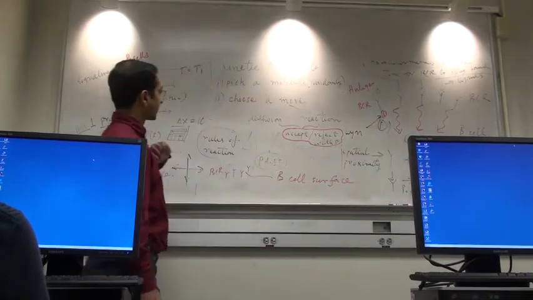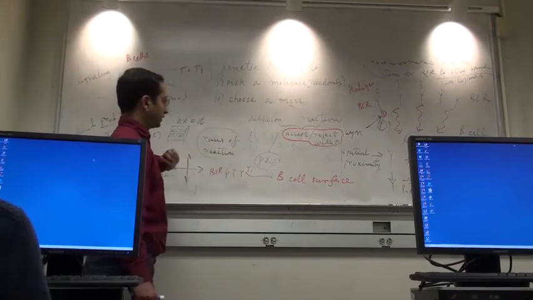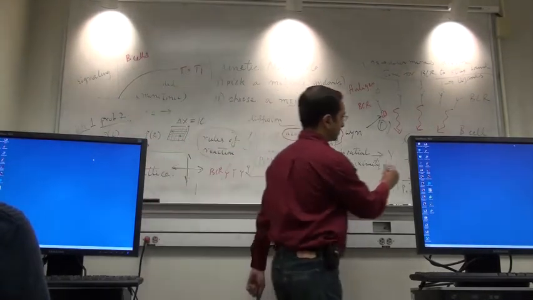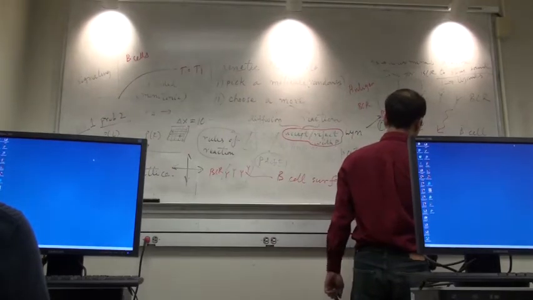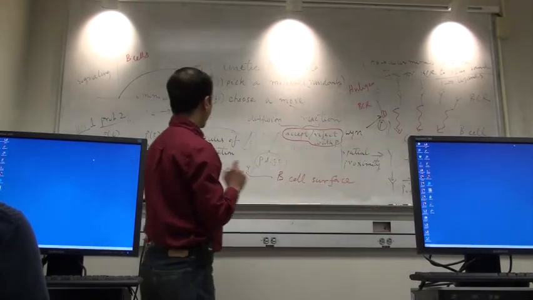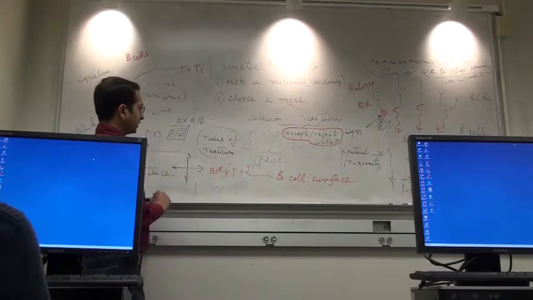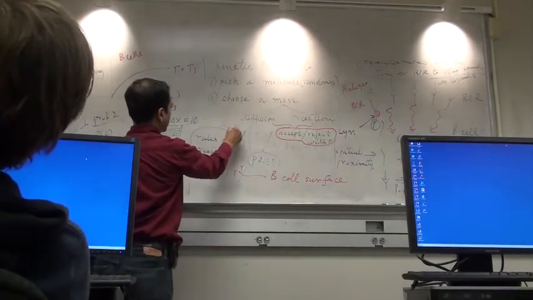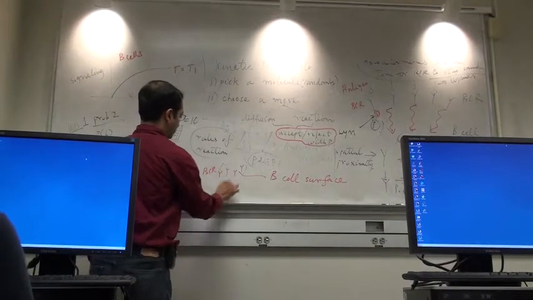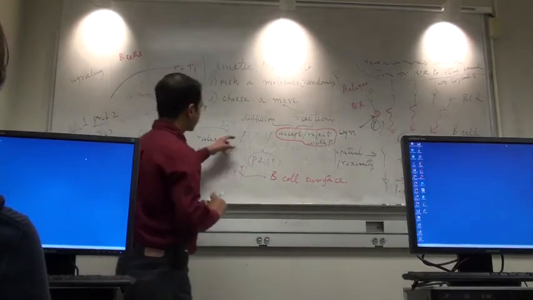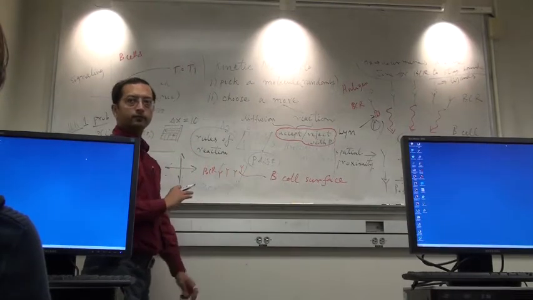The second step is to create the model: you have a bunch of parameters, P-diff, P-on, P-off, and then parameters like the number of BCR molecules and the number of antigen molecules. So the second step of the modeling is to choose correct parameter values.